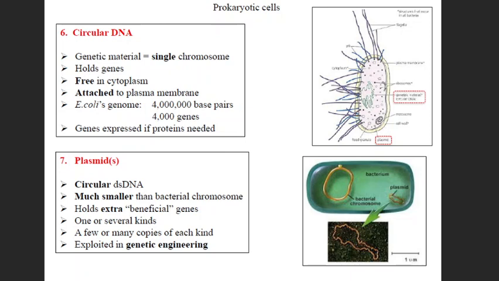For example, in human beings, we have 23 pairs of chromosomes present in the nucleus. In a prokaryotic cell, the genome is a single chromosome, a double stranded circular genome. What does this DNA have?